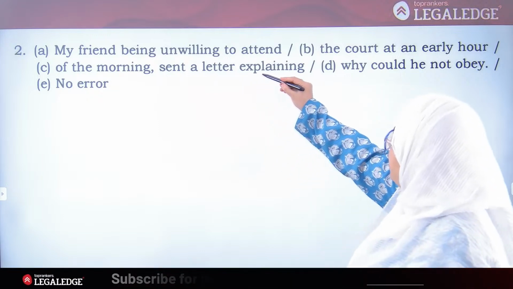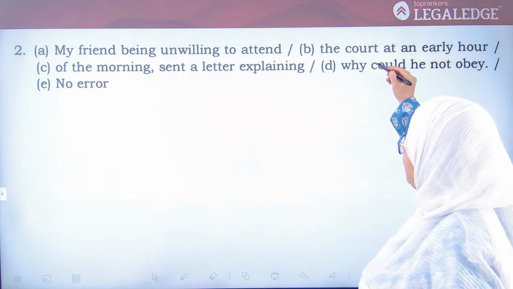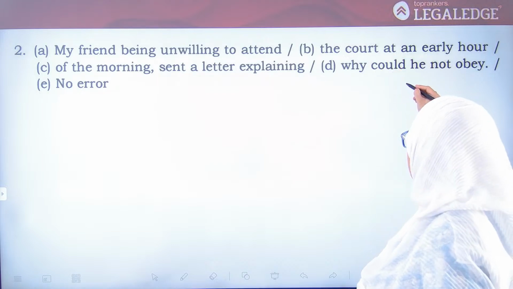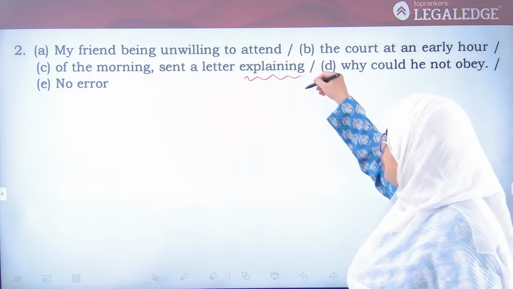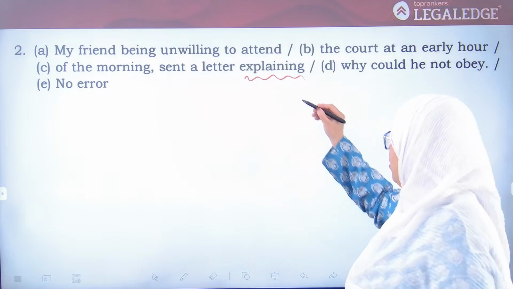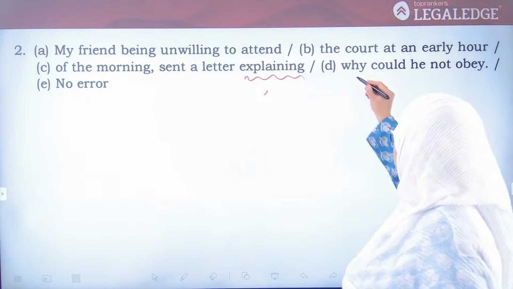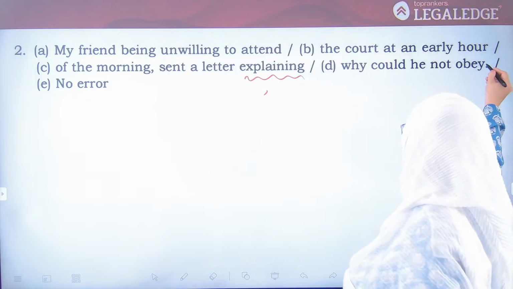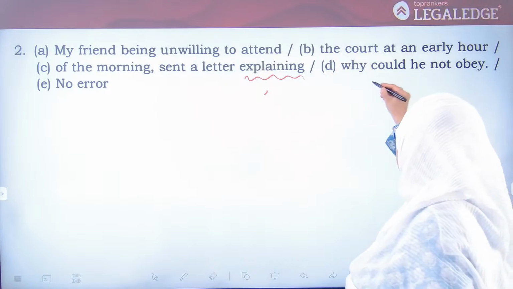My friend, being unwilling to attend the court at an early hour of the morning, sent a letter explaining why could he not. See, the letter is explaining. All right, the letter is not asking a question. Had it been asking, then we could have used that. Since it's explaining, why could he not, which is a direct question form, should be why he could not.